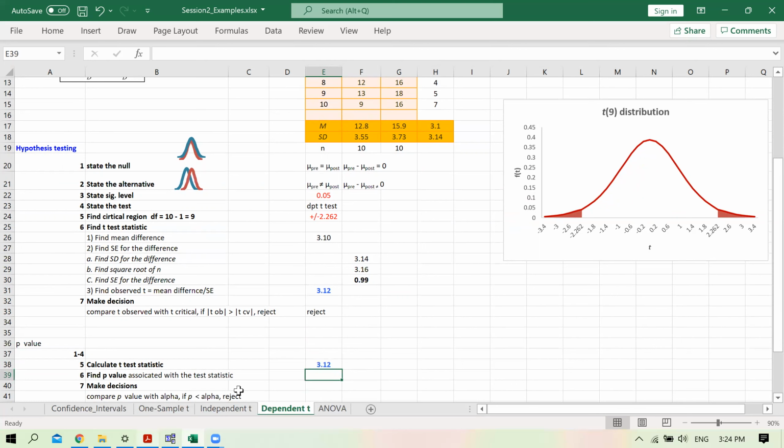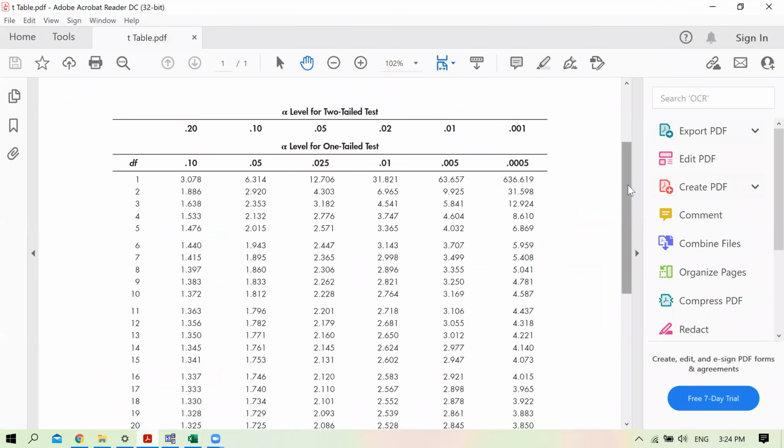And then next we need to find the probability of finding 3.12 in the t distribution. We could use the t table to help us estimate. So degrees of freedom is 9, and we know that beyond 2.262, there's a 5% chance of finding a t-value this large.